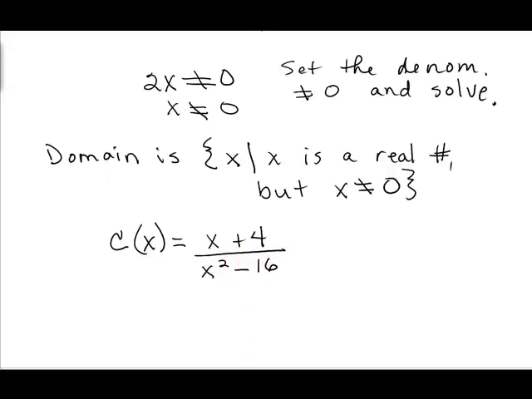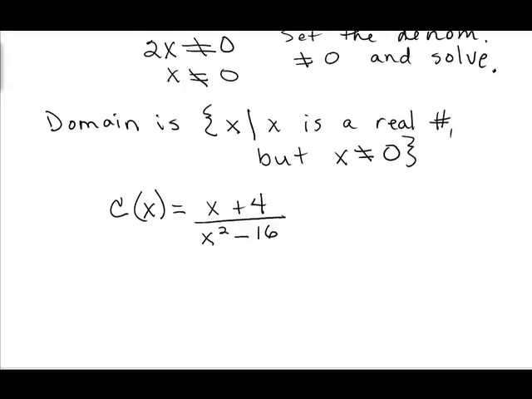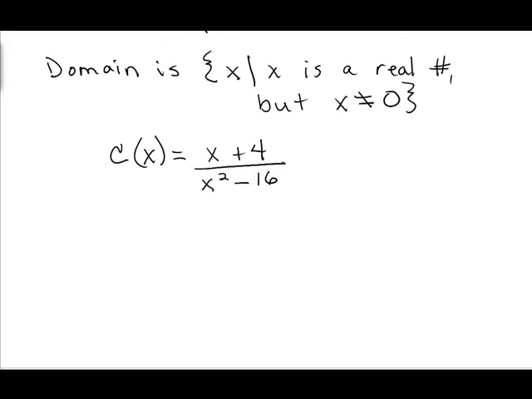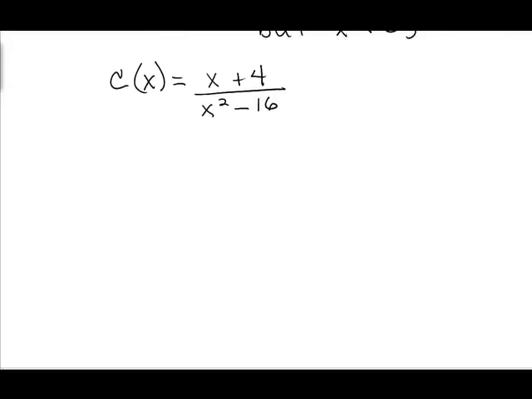For our next problem, we have c of x equals x plus 4 over x squared minus 16. Take the denominator, set it not equal to 0. Well, remember what I said about the factoring?